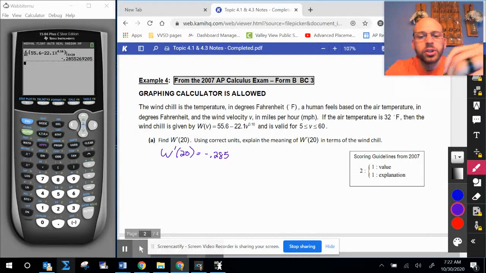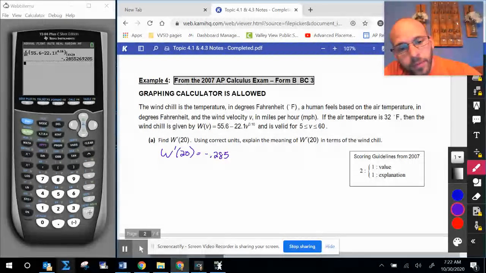Okay, now we need to actually use correct units and explain the meaning. So in this case, V stands for the wind velocity.